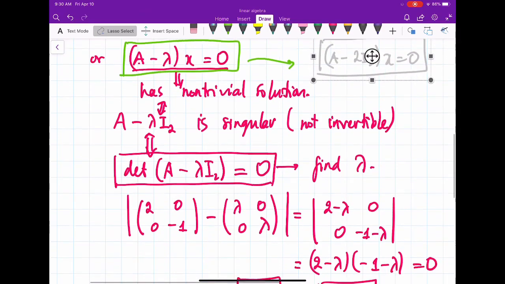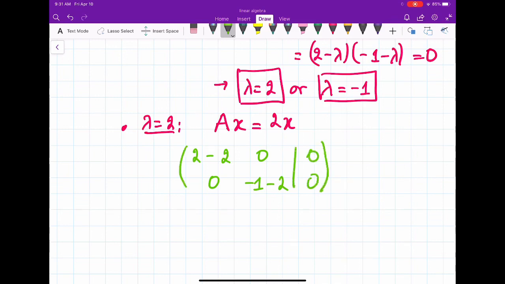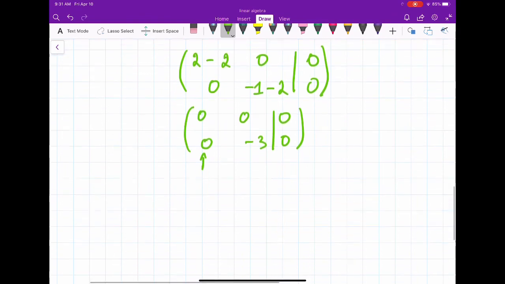All right, so if I solve this system, I have 2 minus 2, 0, 0, negative 1 minus 2. And this is a homogeneous system, okay? The first row is just 0, 0, 0. The second row is negative 3, 0 in here. So this column is free, right?